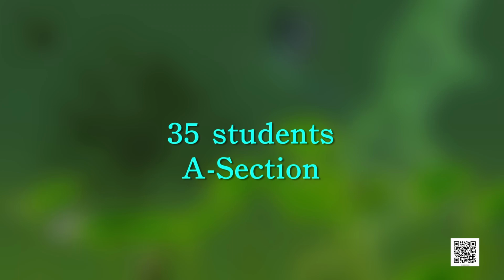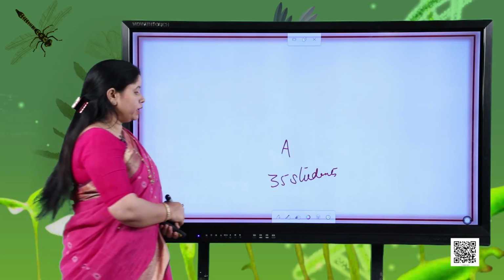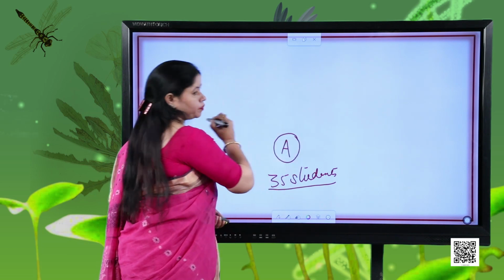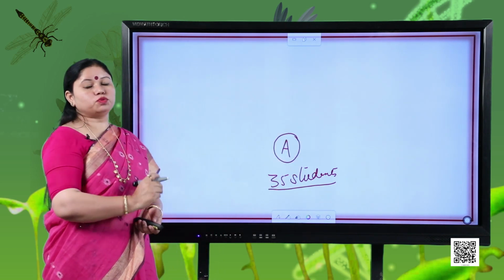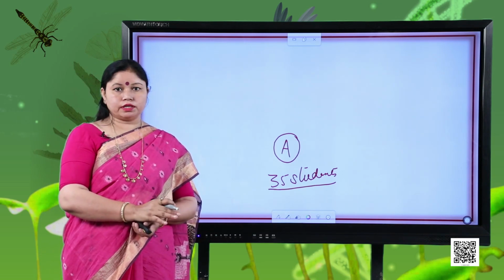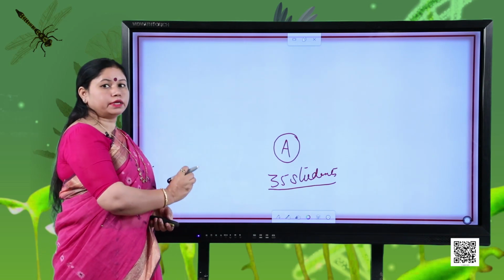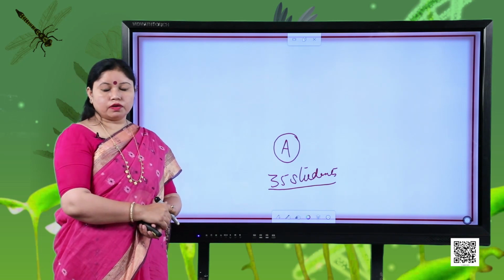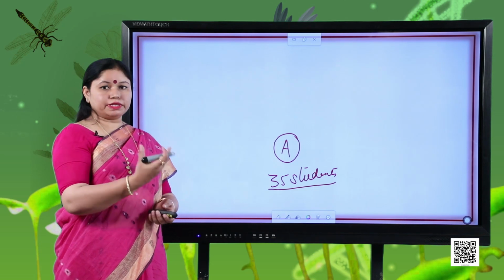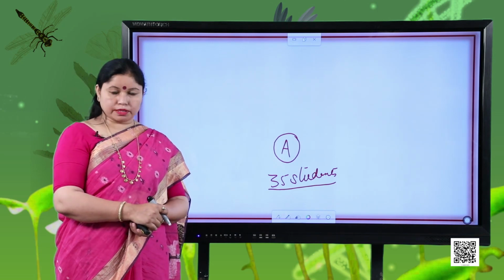We are keeping 35 students in a section. All these students are different individuals, but still they are kept in a particular section. Why? Because all of these students must be studying particular common subjects.